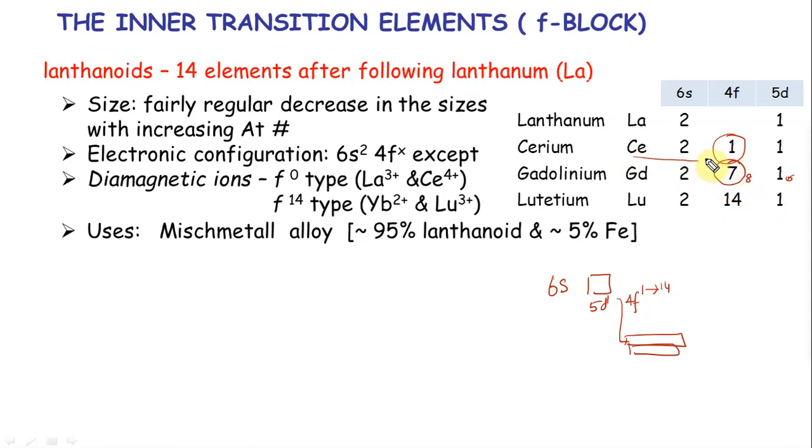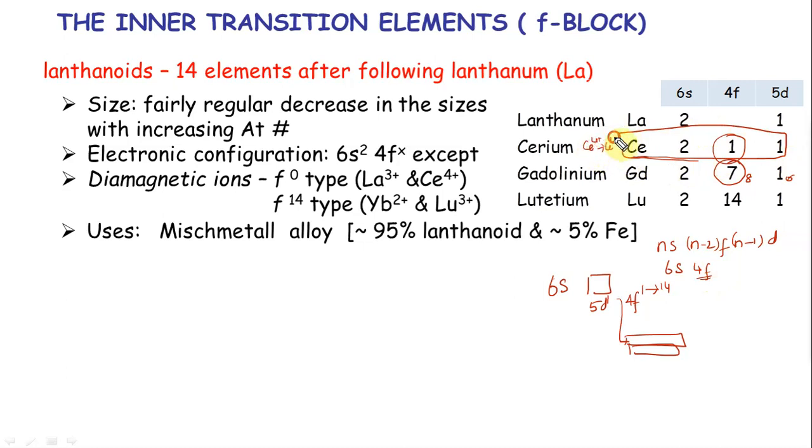Cerium is an exception. So all of them, if you see, we have already seen this before. ns, (n-2)f, (n-1)d. So I should have 6s, then 4f being filled, not 5d except these 4 elements. Okay, cerium is an extremely important element in terms of volumetric analysis.